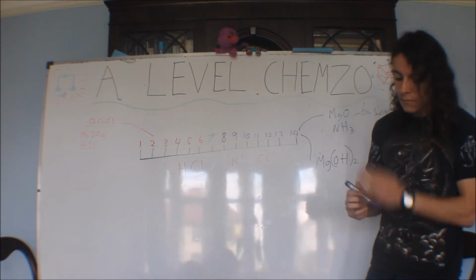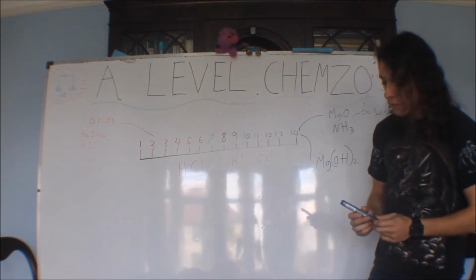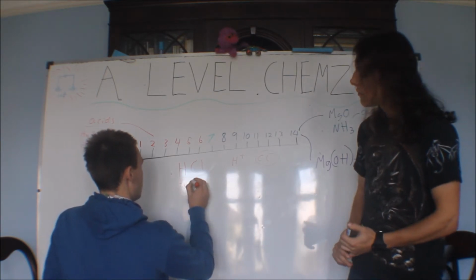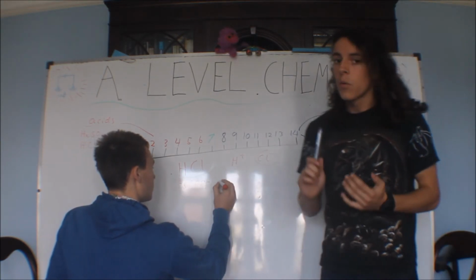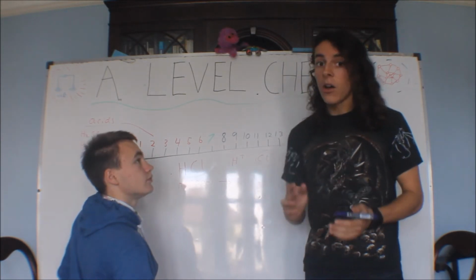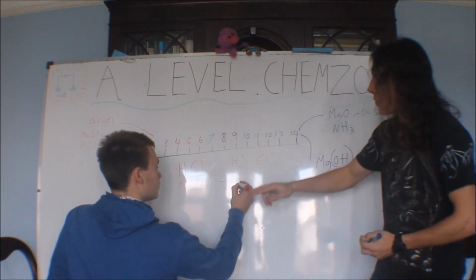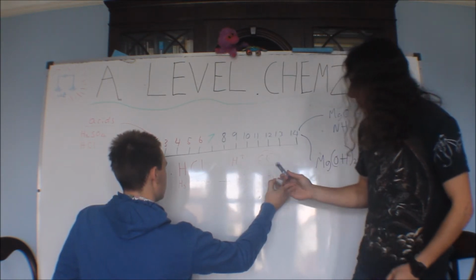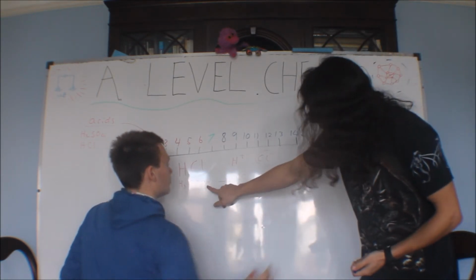So we get up an example of a weaker acid, ethanoic, CH3COOH. What this one does is it only partially dissociates. That means it only gives one of its hydrogens at a time. It only loses this one.